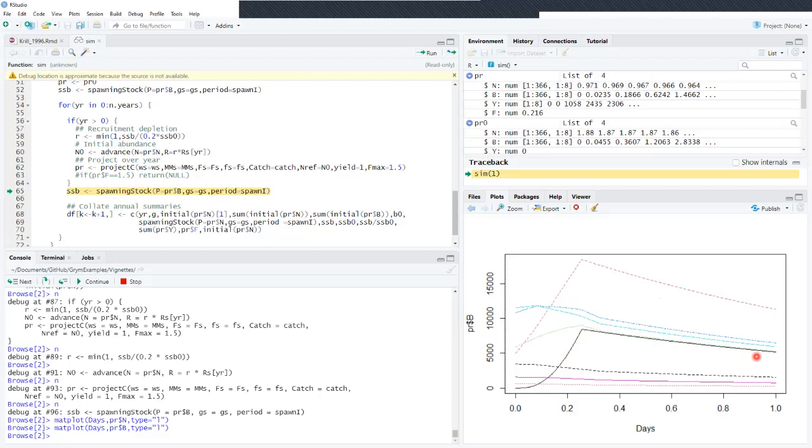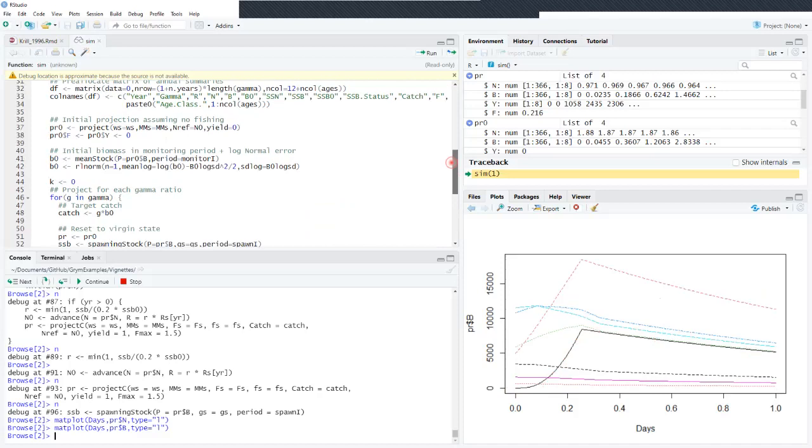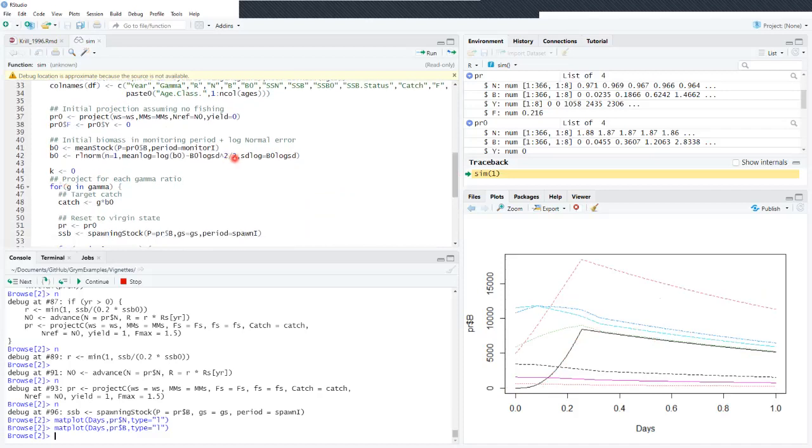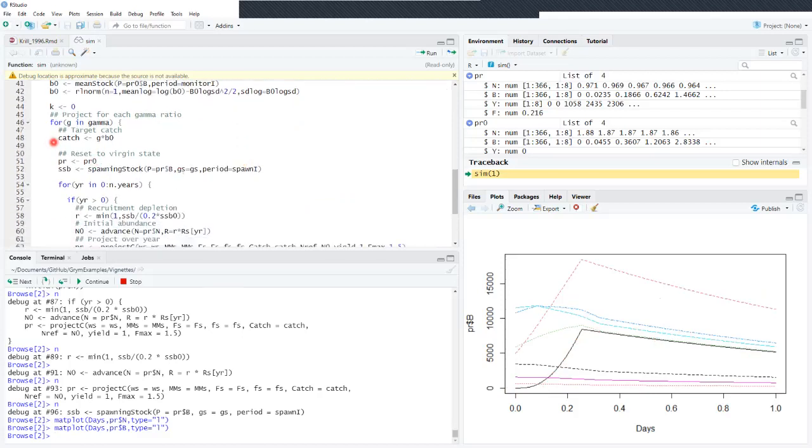And so it would project ahead 20 years, store the results from each year, whatever we've chosen to keep here, but then it goes on to the next gamma in the list. So I don't think I'll try and single step ahead. I'll just talk you through this phase.